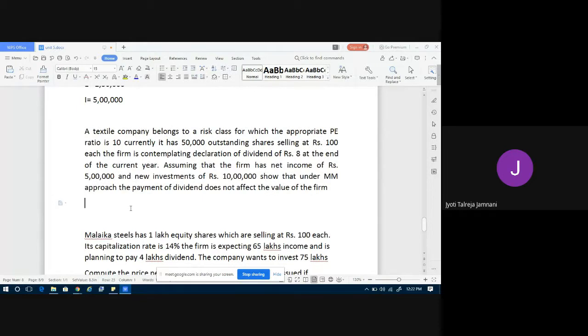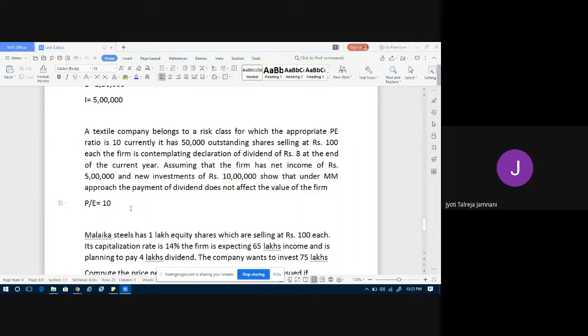A textile company belongs to a risk class for which the PE ratio is 10. So here, instead of giving you cost of equity, they have given you PE is 10. Now, when they give you PE, how to find the cost of equity?